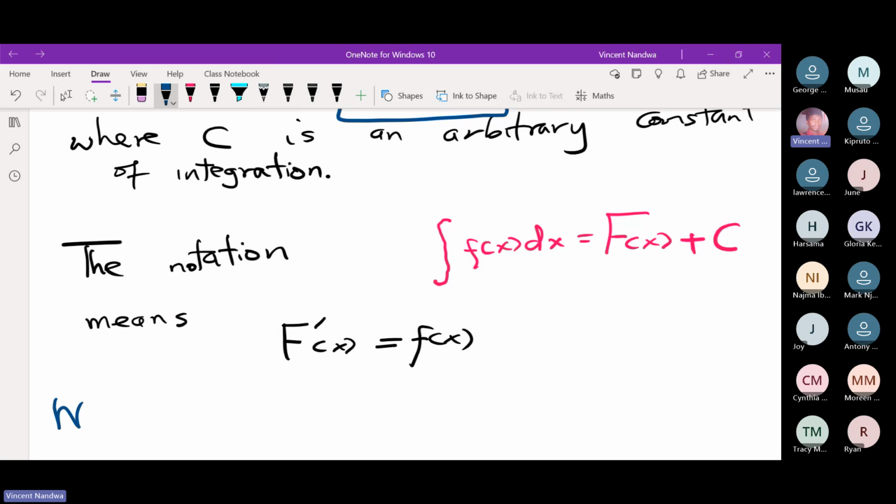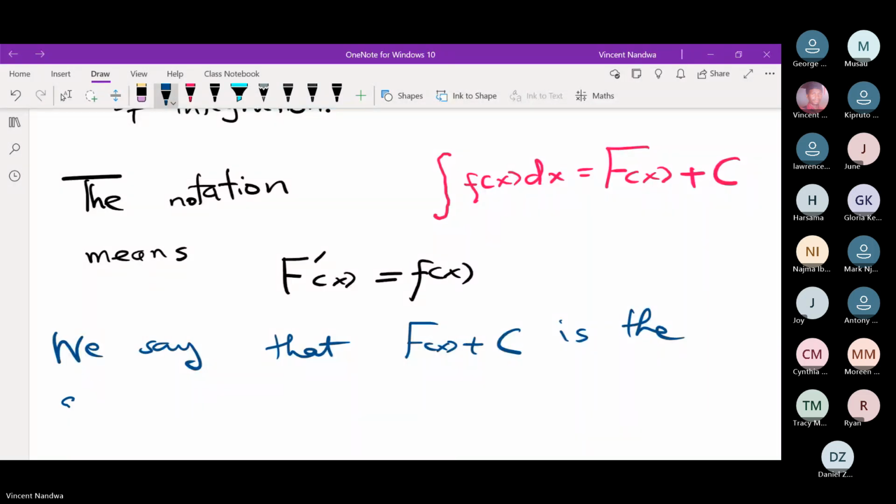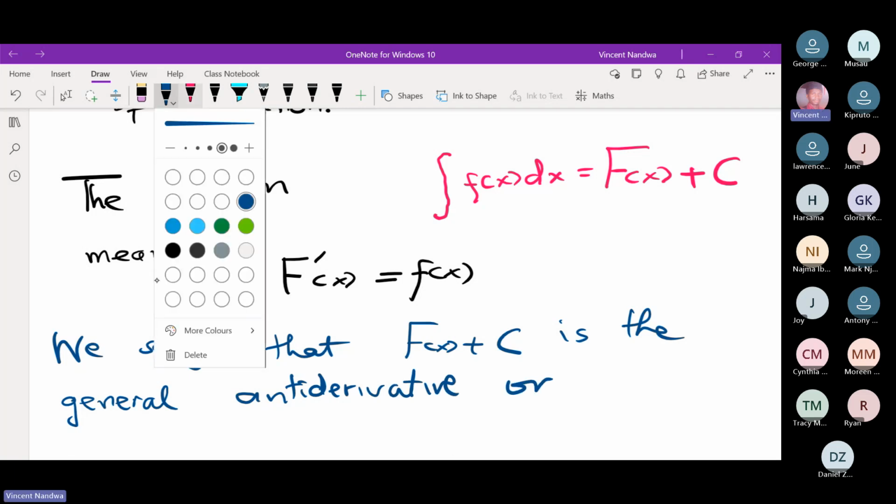Then we usually say that F of x plus C is the general antiderivative, or the indefinite integral, of the function f of x.